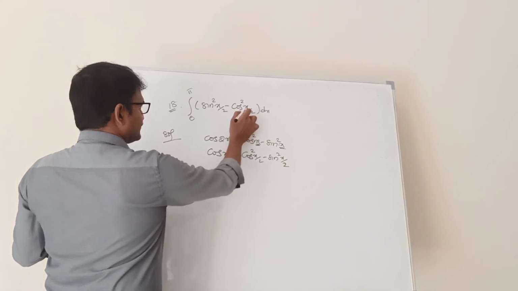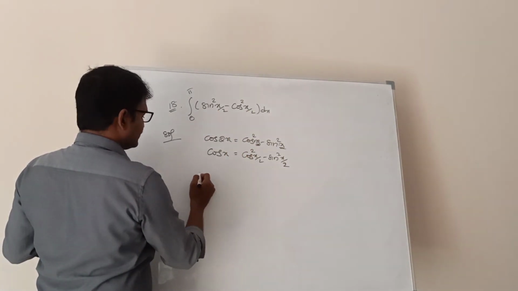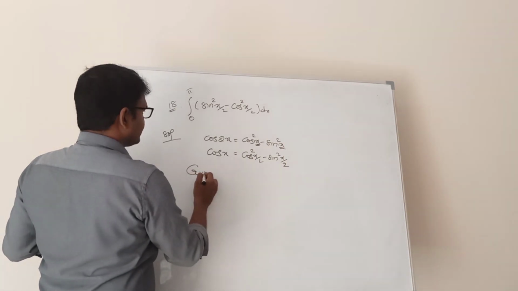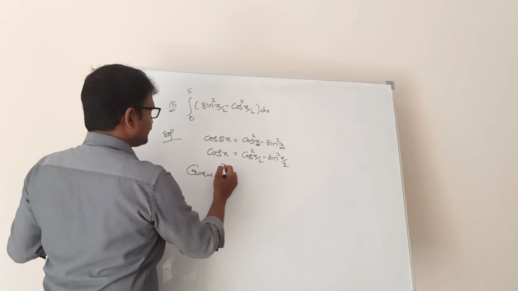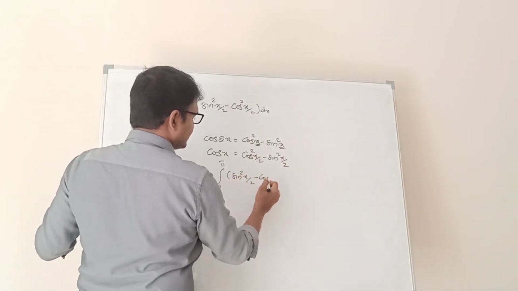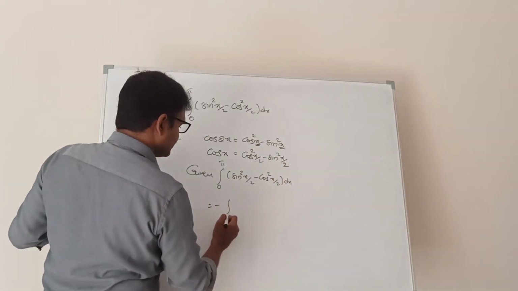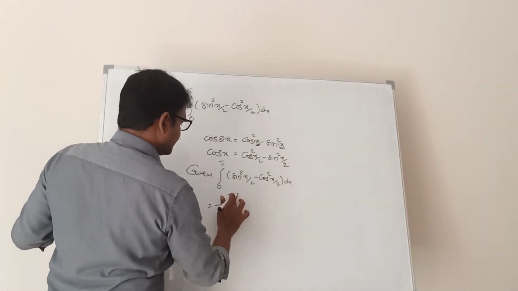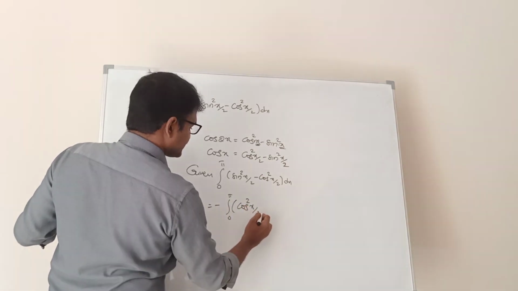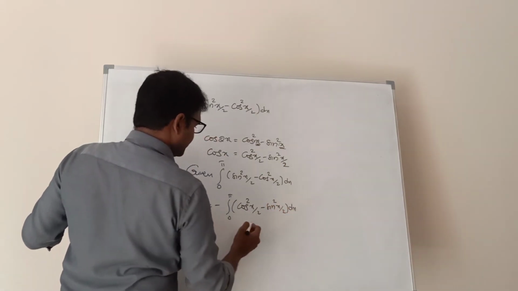So if you observe these two, here sin square x by 2 minus cos square x by 2 is there. So first write the given integral from 0 to pi of sin square x by 2 minus cos square x by 2 into dx. If you take minus common, you will get minus of cos square x by 2 minus sin square x by 2 into dx.